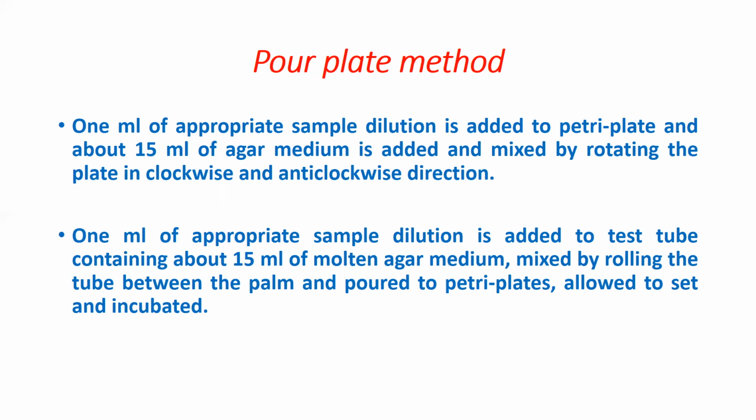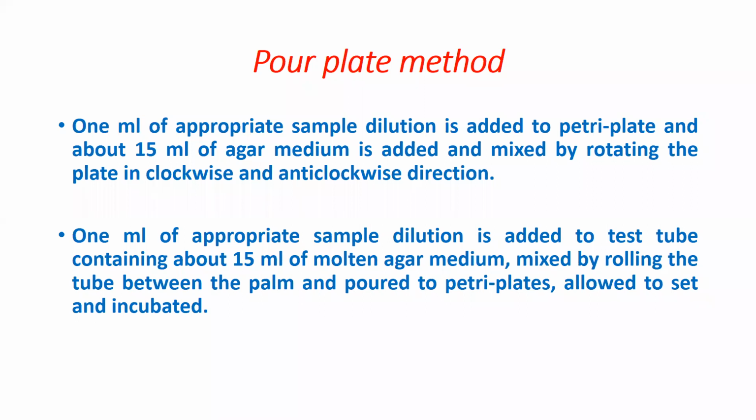Next, we take 1 ml of the appropriate sample and keep it in a test tube. Then we add 15 to 20 ml of molten agar medium to the test tube, and using our palm we rotate it, so there will be proper mixing of the sample and the media.